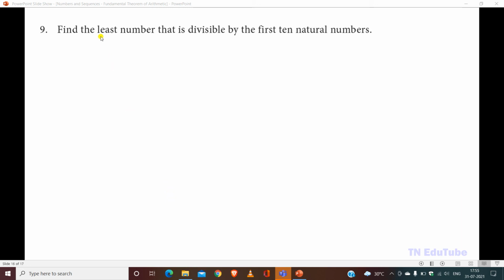Okay. Then one more question is there. Find the least number that is divisible by the first 10 natural numbers. Least number means you have to find out the least common multiple of the first 10 natural numbers. We know the first 10 natural numbers: 1, 2, 3, 4, 5, 6, 7, 8, 9, 10.